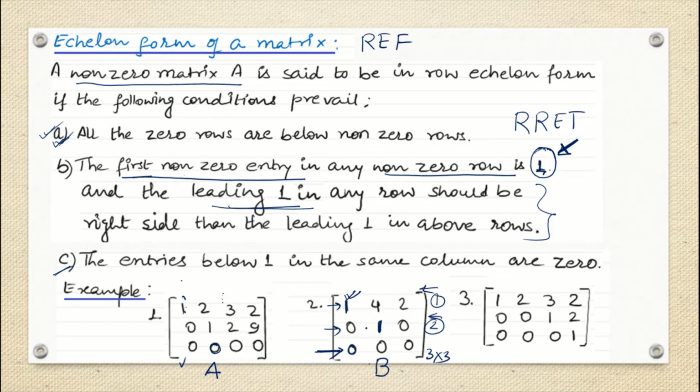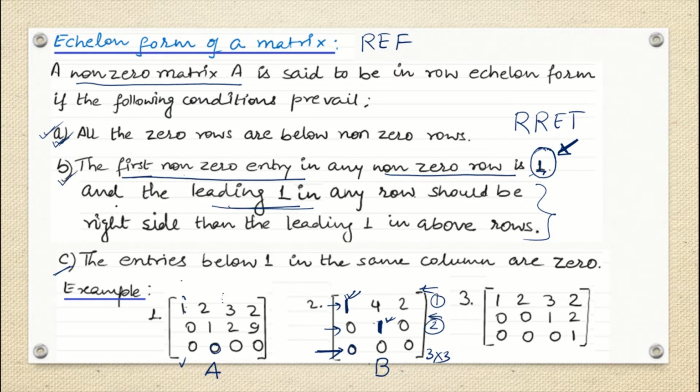Similarly, in my second row, the very first non-zero entry is 1. Even this is true. And the leading one in any row should be right side of the leading one in the above row. So in my second row, this leading one is actually right side of your previous one. So even this criteria is completely satisfied.